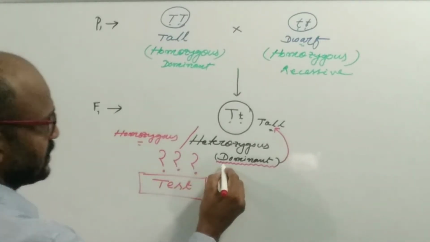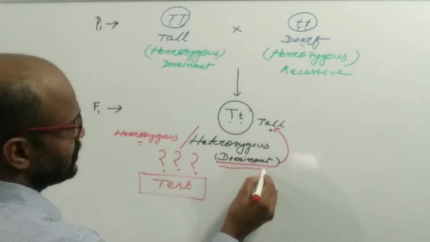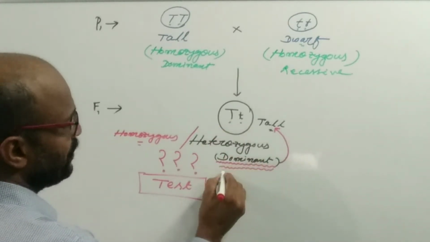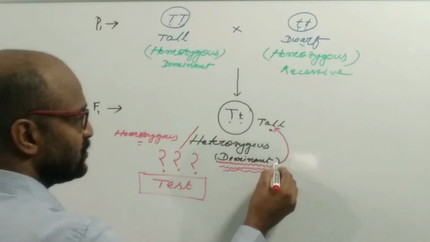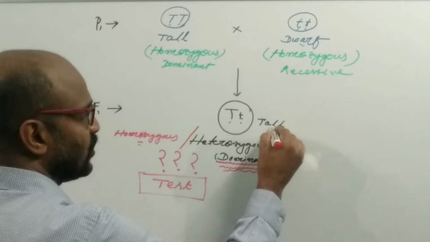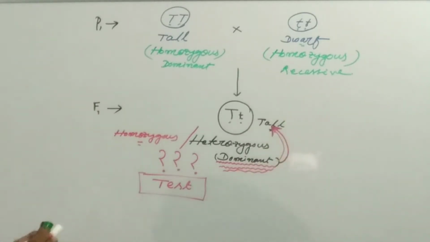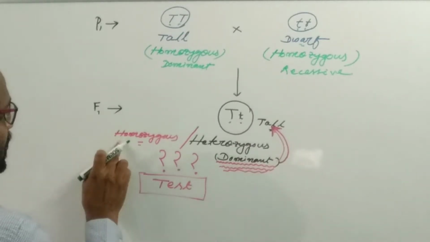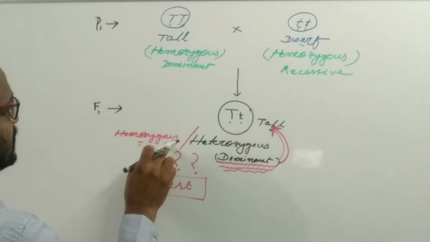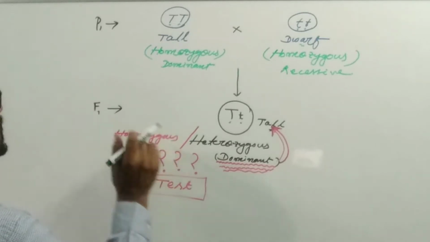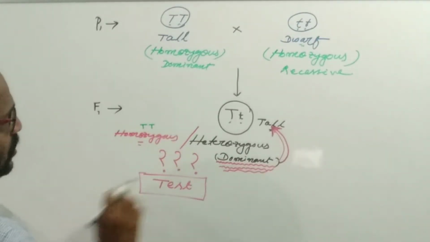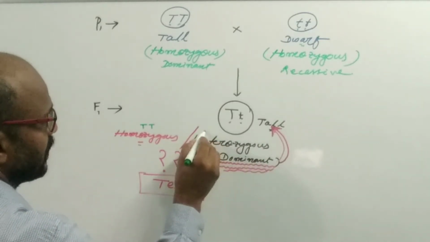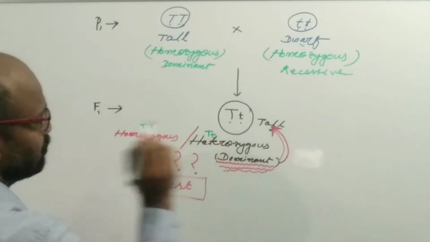The F1 offspring is dominant here. Dominance means tall. The tallness character will be expressed from two conditions: homozygous dominant condition, capital TT, or heterozygous dominant condition, capital T, small t.